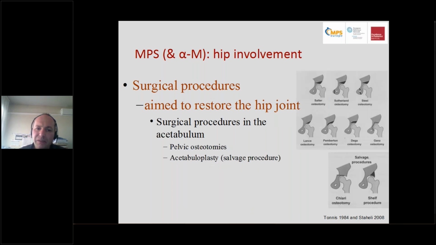That's why we can act also on the acetabular part, basically with two kinds of procedure: the pelvic osteotomy, whose aim is to restore the correct orientation of the acetabulum, or the acetabuloplasty, whose aim is not to restore the proper orientation of the acetabulum, but just to add a piece of roof in order to have more containment of the femoral head.